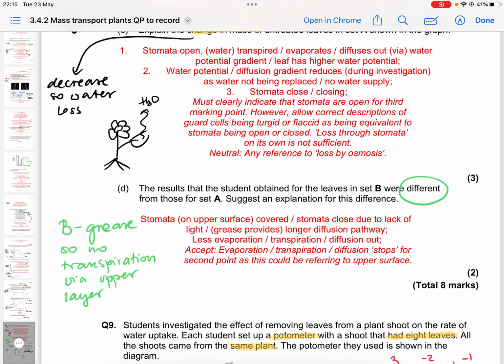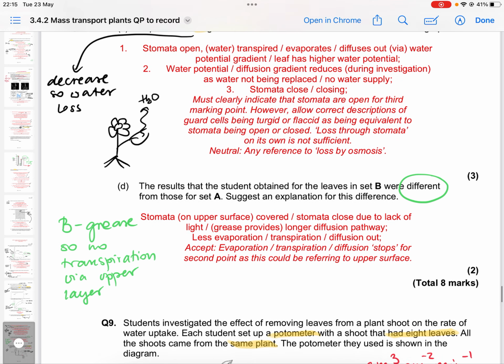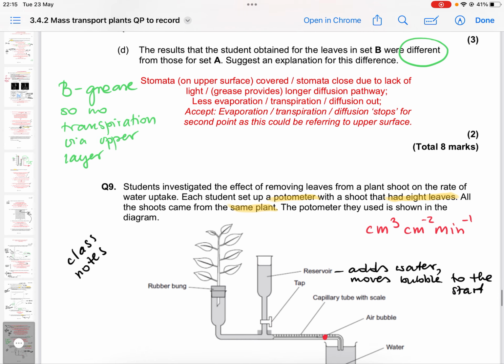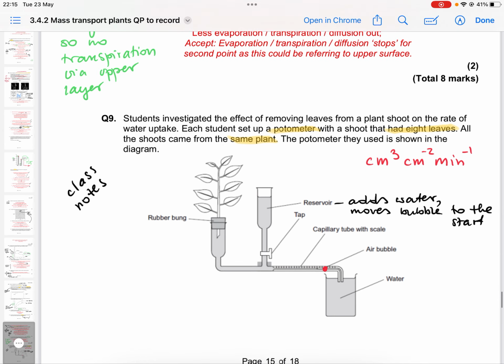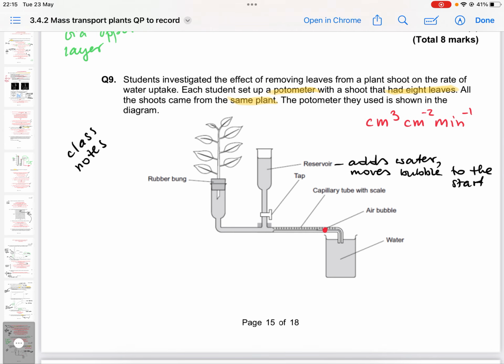Question 9 refers to the potometer. And with the potometer, remember, it's the practical that allows you to look at the water movement. It does not fully explain or evaluate the losses of water through transpiration, because there are other processes taking place in the plants that are using or producing water.